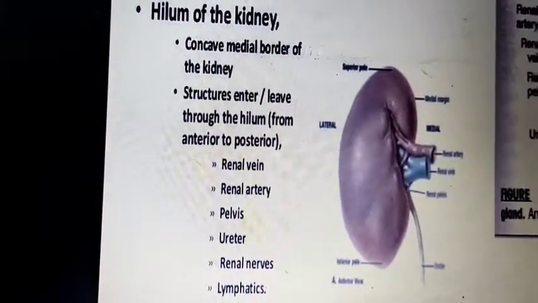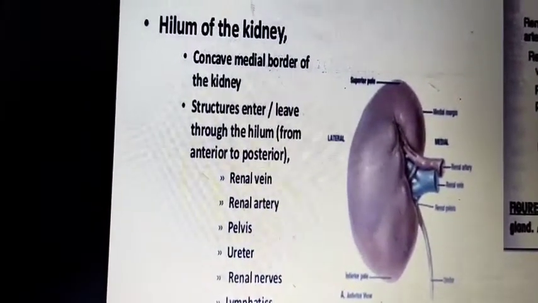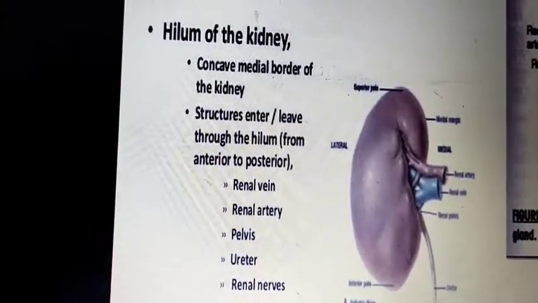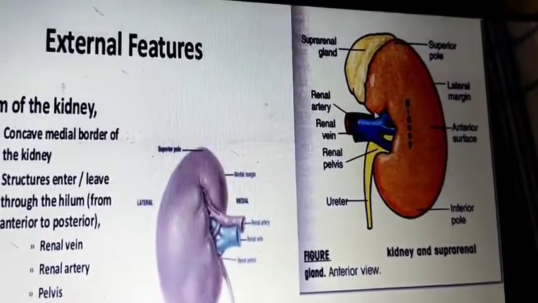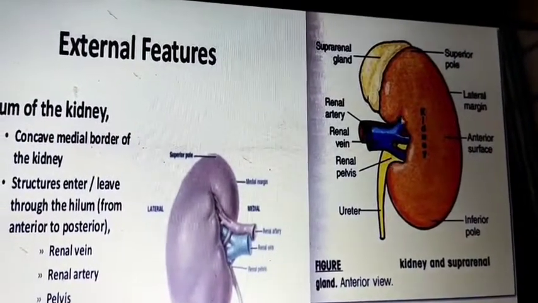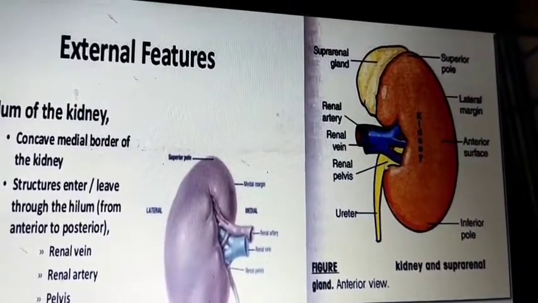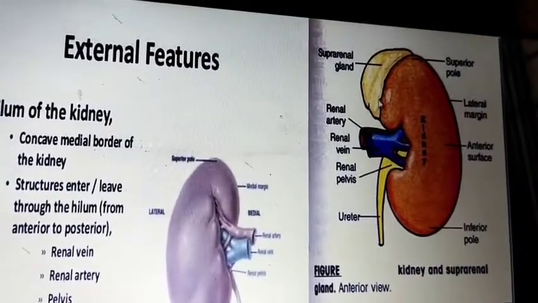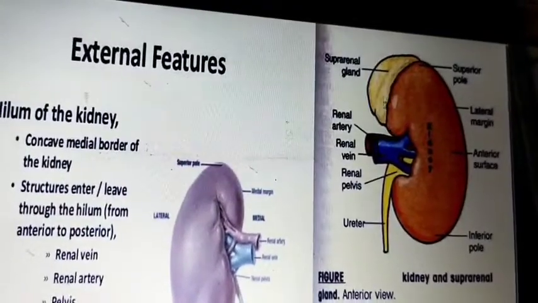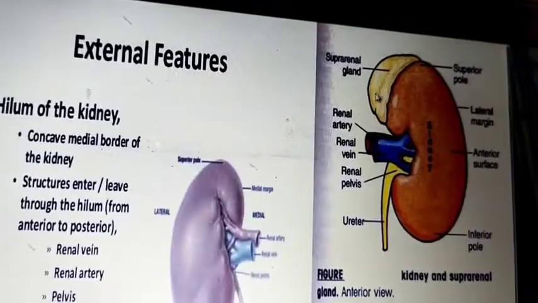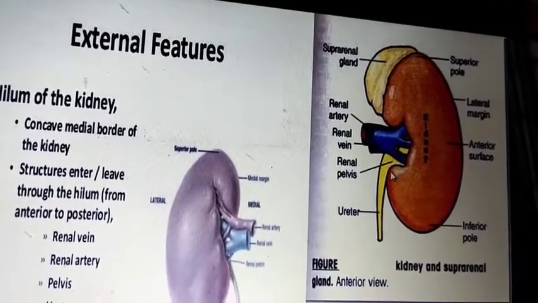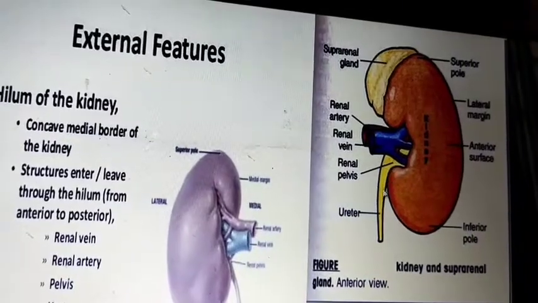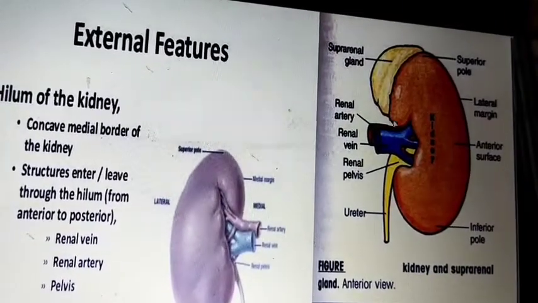Just above the hilum on the medial border is the start of the suprarenal or adrenal gland, and just below the hilum is the start of the ureter.